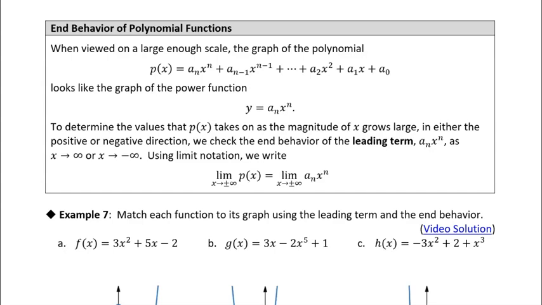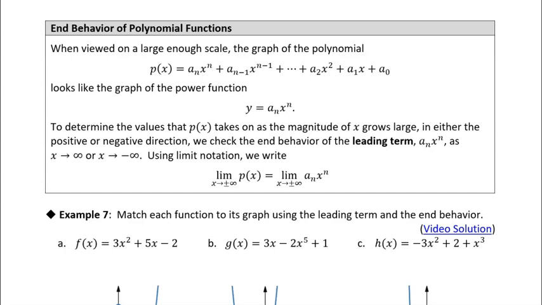So I didn't review polynomials. I assume that you know what a polynomial is. But yes, it's just the sum of a bunch of constant multiples of power functions. So the end behavior, though, that's what we're looking at in this section, is the end behavior of different types of functions. And when you look at the behavior of a polynomial, the polynomial is dominated by the highest power of x, okay?